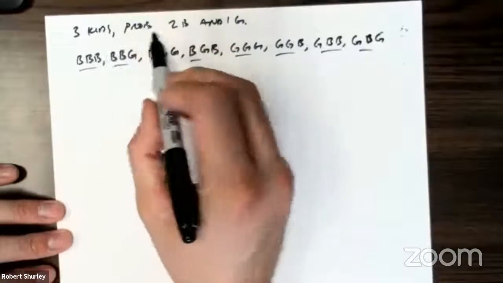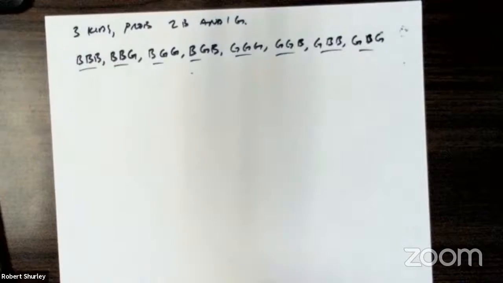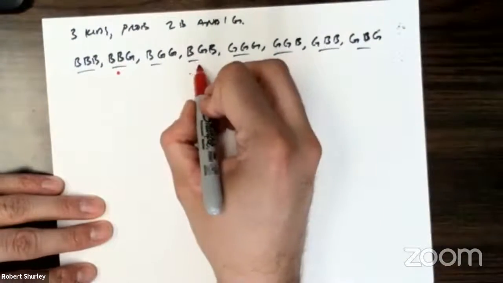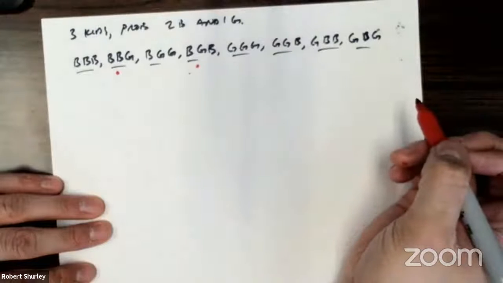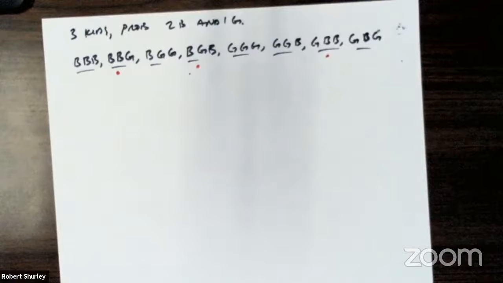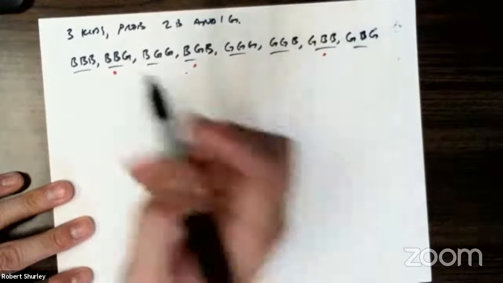Now the question though, what's the probability that you have 2 boys and a girl? So let's look and see which of these have 2 boys and 1 girl. Well, we got 2 boys and 1 girl here. We got 2 boys and 1 girl here. But we got 2 boys and 1 girl here, right? So we got 3 different ways we can have this. Now, in total, though, we have 1, 2, 3, 4, 5, 6, 7, 8.